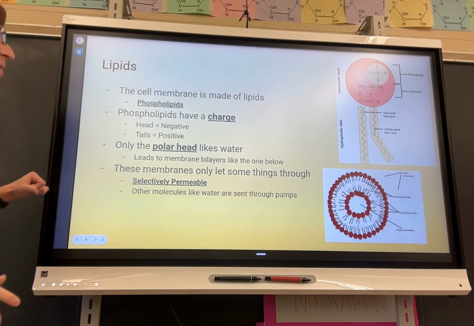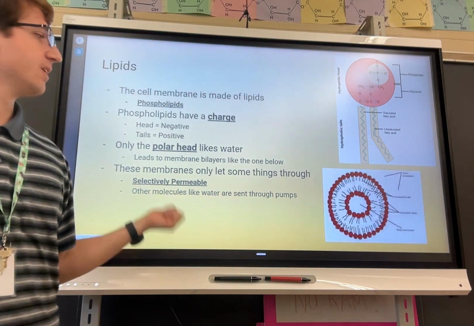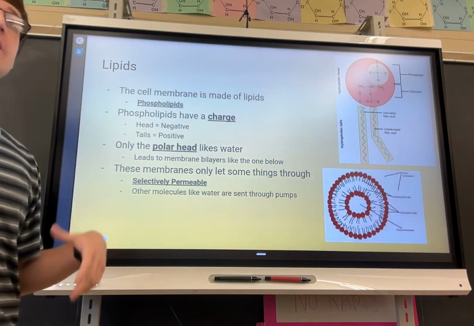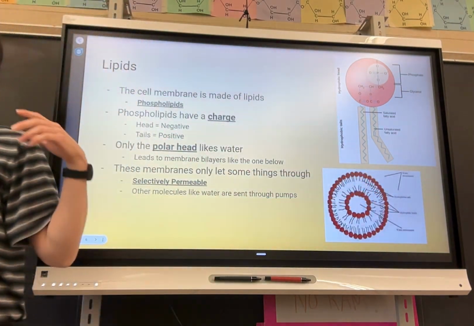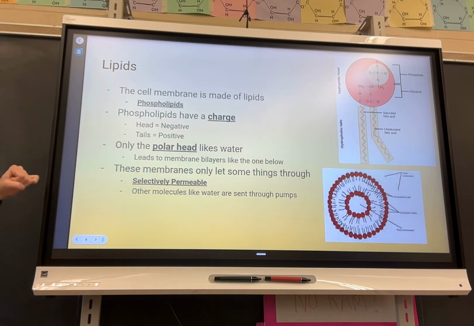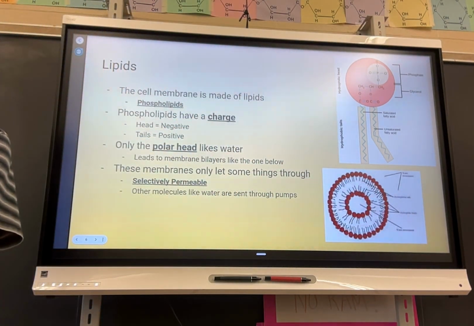So selectively permeable means that only certain things can move through. So for example, water, because it is a polar molecule, it can't get through this big wall of tails, so it's stuck on the outside unless we use things like pumps. On the other hand, we have ions that also have to go through those pumps, but things like oxygen are not charged.